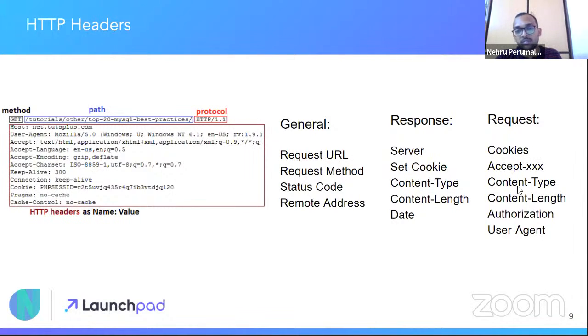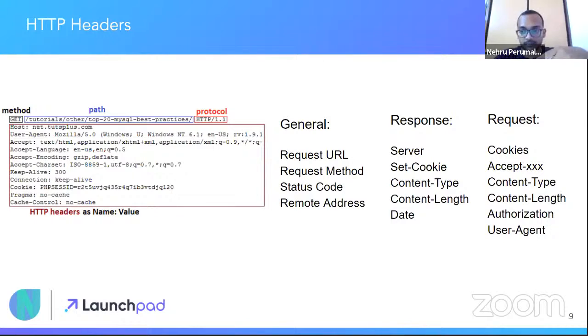So here we saw the content type and content length. Data is handled between two ends. Initially the client asks for some particular data, so the type of data it is asking for should be mentioned in the content type, whether it is asking for HTML or JSON.